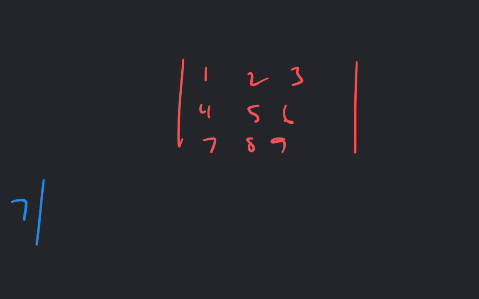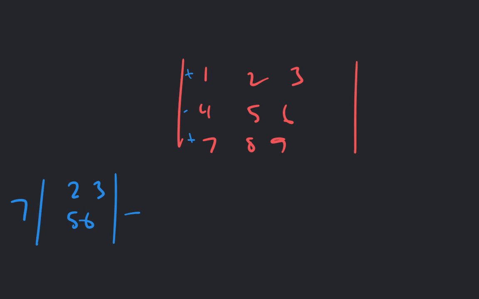We can use any column, basically, or row. For example, we could do the bottom row, start here, cross these out. So you get 7 times 2, 3, 5, 6. Remember, it would go plus, negative, plus.